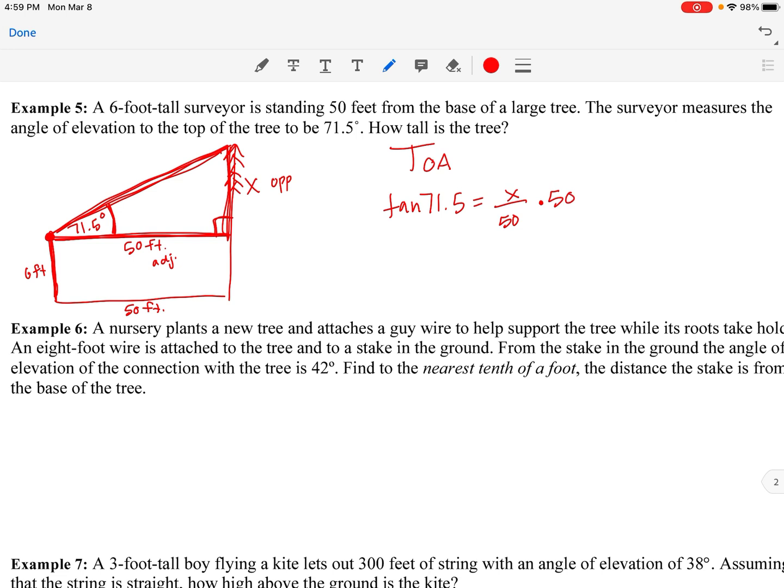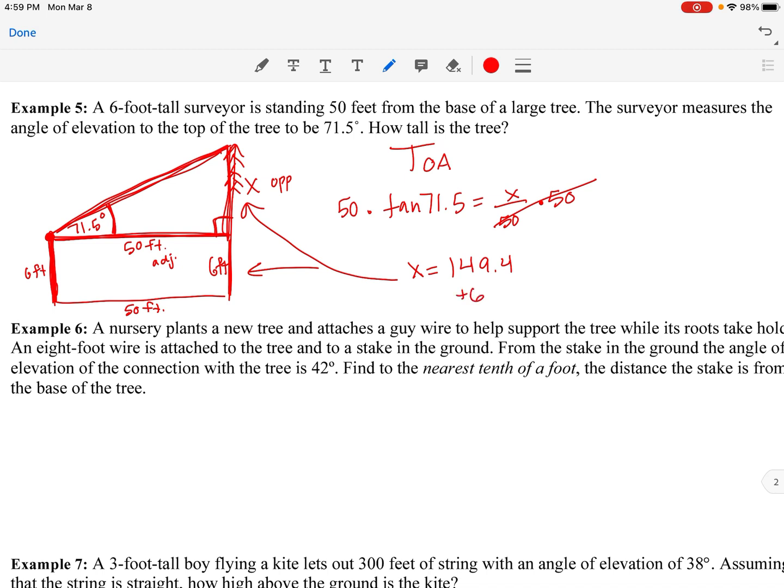We solve this. Getting X by itself, we multiply by 50 on both sides. So we get X by itself equals 50 times the tangent of 71.5, and that gives us 149.4, rounding to the nearest tenth. But remember, that just represents our X. It's not the full height of the tree. We also have to add this piece right here, which is a height of what? 6 feet, because if you look at this other side, you can see that it is 6 feet.